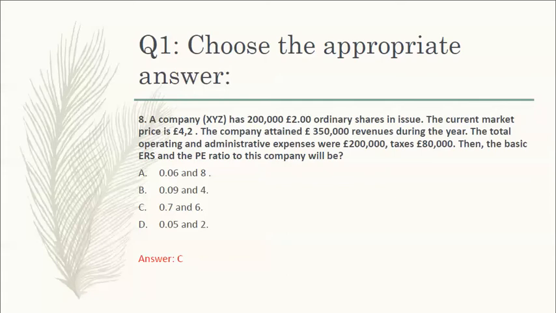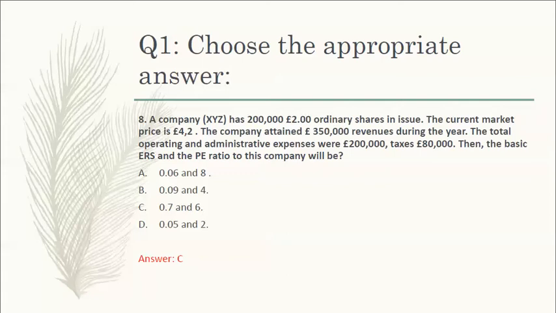So the market price of the ordinary share would be 4.2, and the total amount that company XYZ has is 200,000, for each share £2. To get the number of shares, we divide 200,000 by 2. So the number of shares for company XYZ is 100,000.